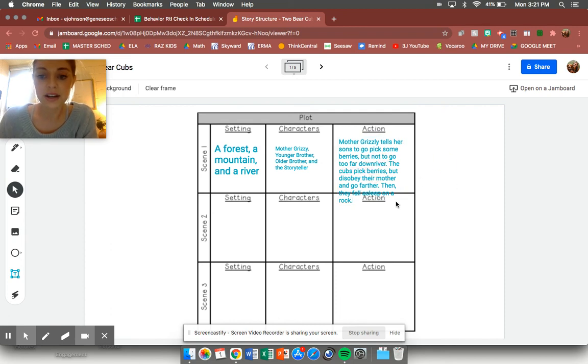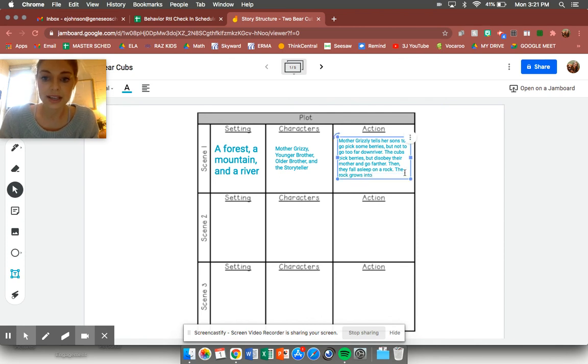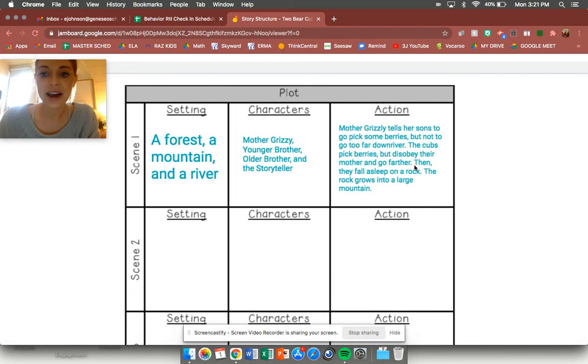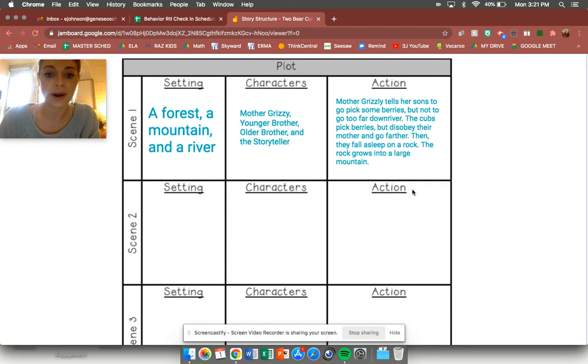Okay, but little do they know, it is a seed to a mountain. The rock grows into a large mountain. All right, so that is what we write for the action in scene 1.